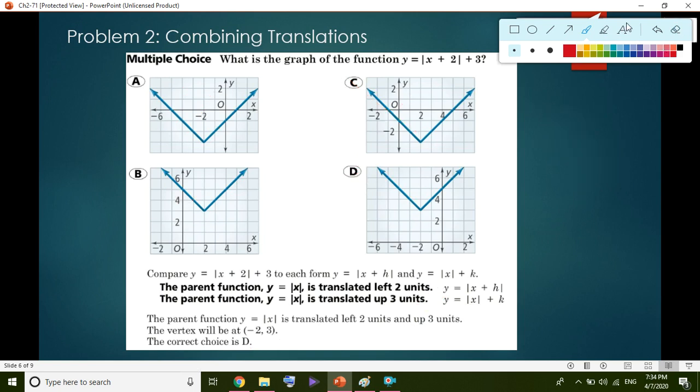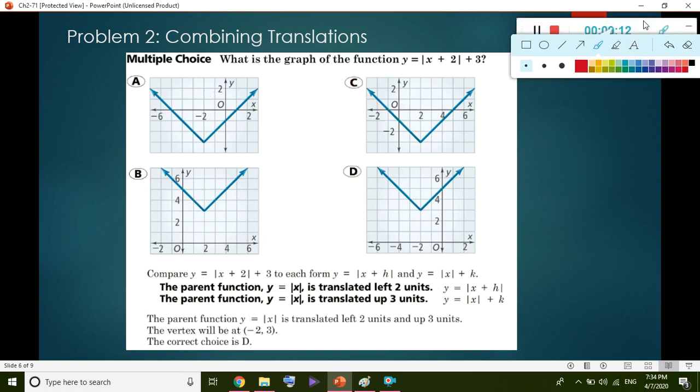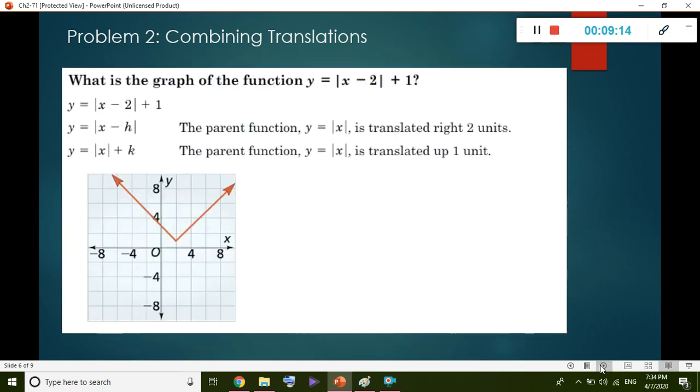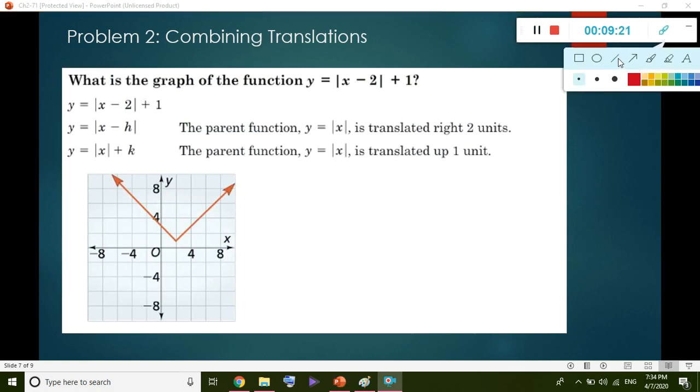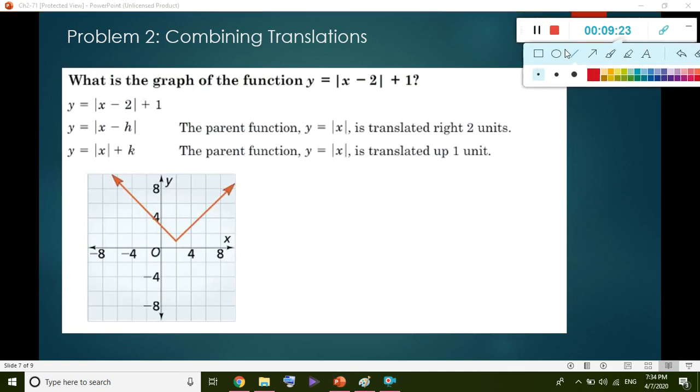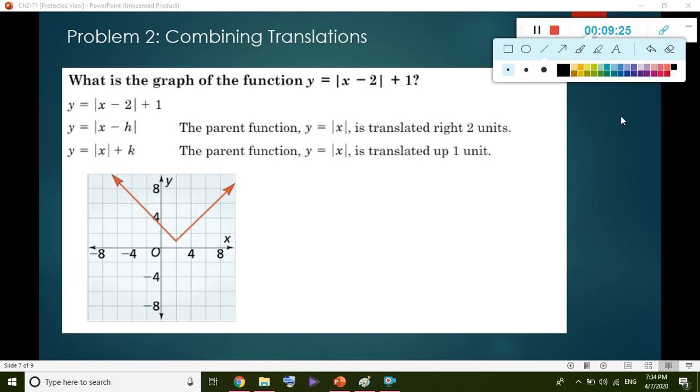Okay, let's see the second example. What is the graph of the function y equals absolute value of x minus 2, plus 1? Again, let's have the original one this way.